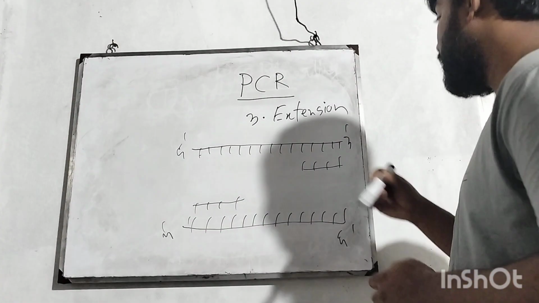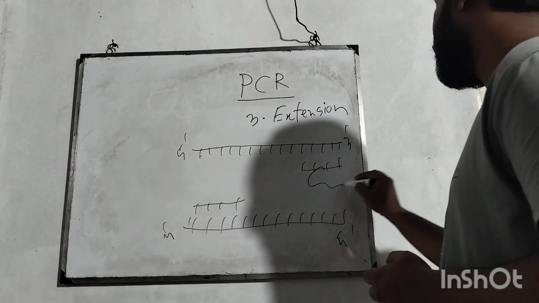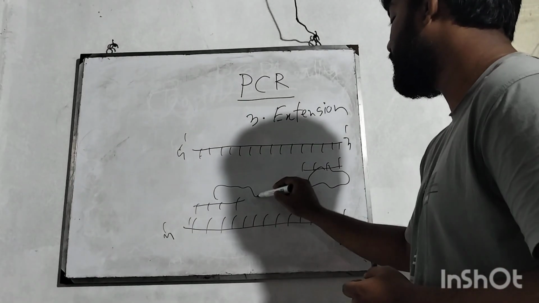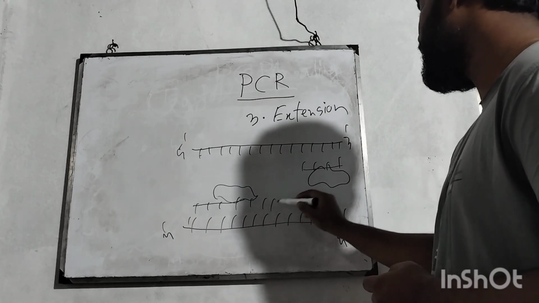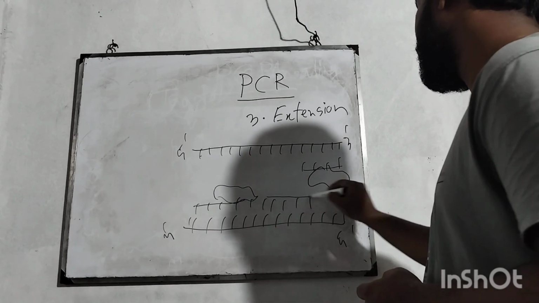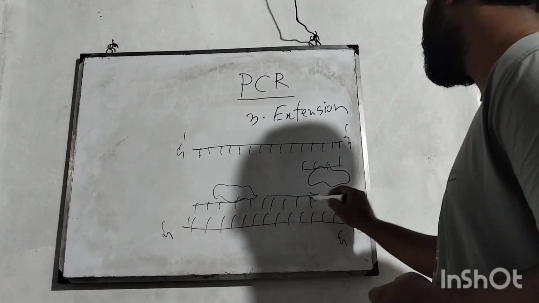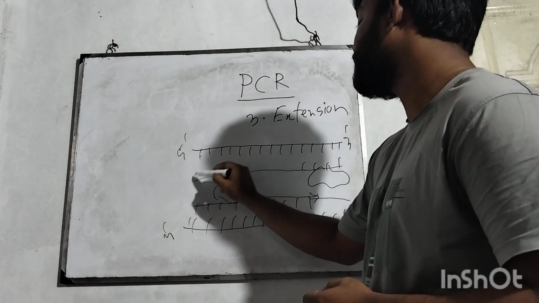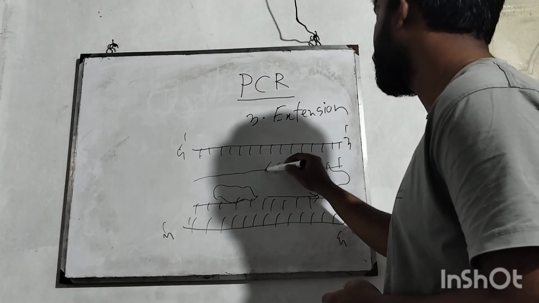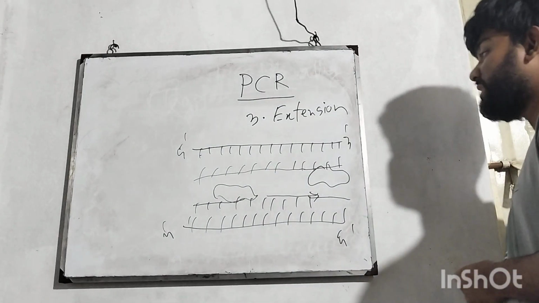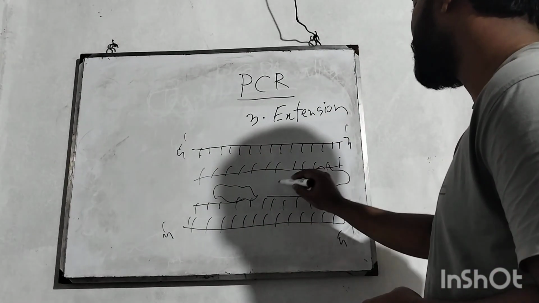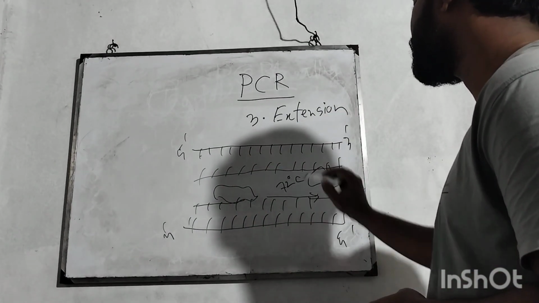In this step, the DNA polymerase sits on the primer and adds the nucleotides and synthesizes the nascent DNA. So the temperature for extension is about 72 degrees Celsius.